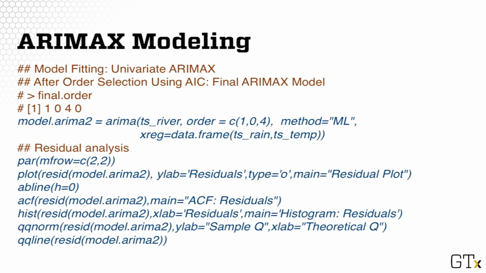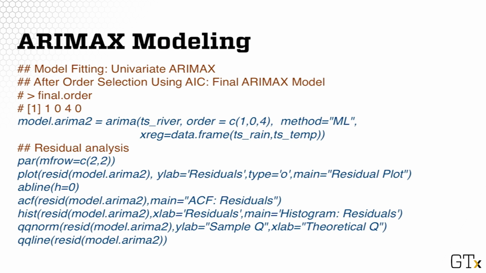As provided here, both the temperature and rainfall time series are considered exogenous factors in modeling and predicting river flow. We apply again the model selection. This time, the selected orders for ARMA are 1 and 4, whereas for seasonality it is 0, indicating no differencing for the seasonal component when accounting for the exogenous factors.